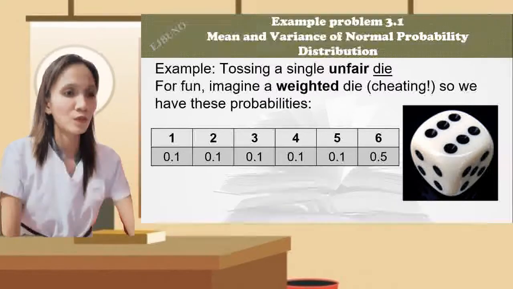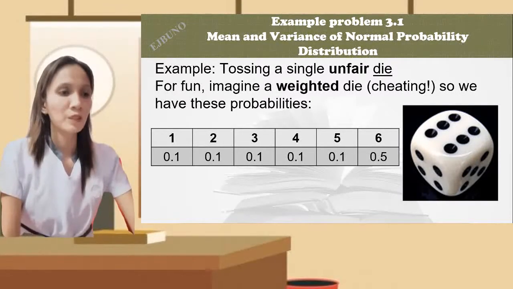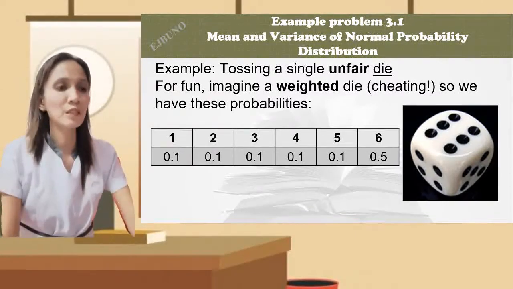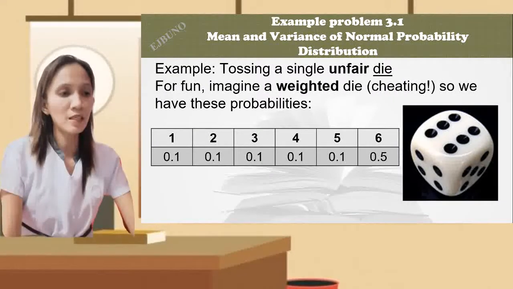Next is an example for mean and variance of a probability distribution, example 3.1. The example is rolling a single unfair die, just for fun. Imagine a weighted die. We have these probabilities for 1, 2, up to 6: 0.1, 0.1, 0.1, 0.1, up to 0.5.